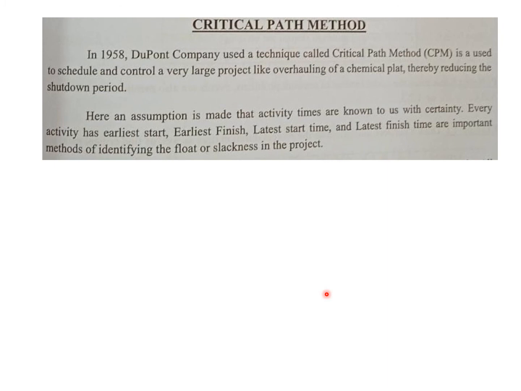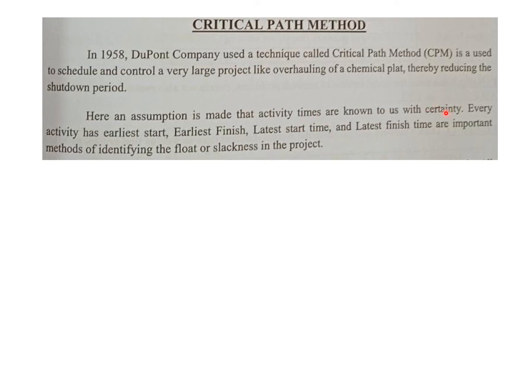So with this we sum up what the critical path method is. The company DuPont first used the critical path method in 1958, and it is based on assumptions made about activities which are known with certainty. It is not about uncertain activities.